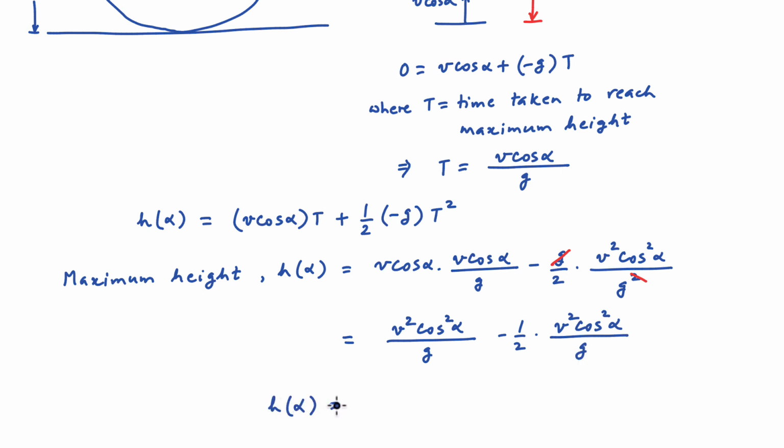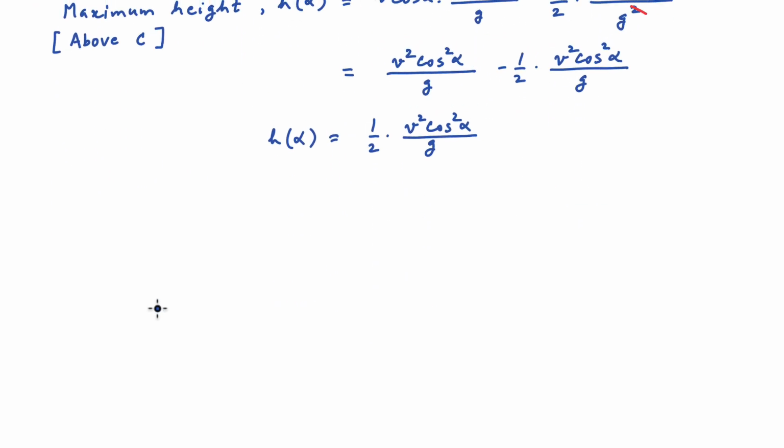Therefore, h of alpha is equal to half of v square cos square alpha upon g. Now note that this height h of alpha is the height achieved after the mud splash takes off vertically from the point C. Therefore, h of alpha is the vertical height above the point C.